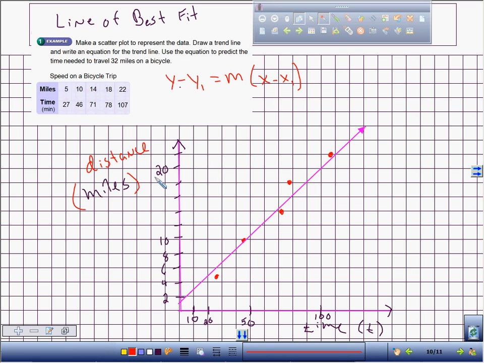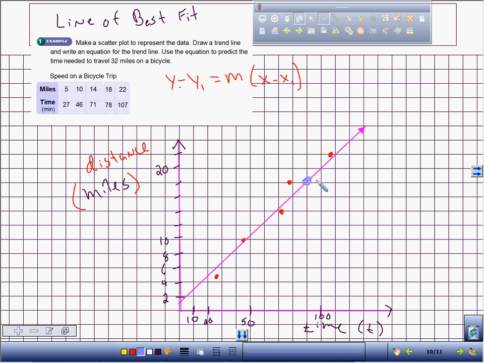Does anyone see a good point that this one exactly hits where it crosses somewhere? Anyone see one on here? See this one right here? See how it's right on the crosshairs? That would be a good point to choose for your point that you're going to plug into point slope form. Okay?